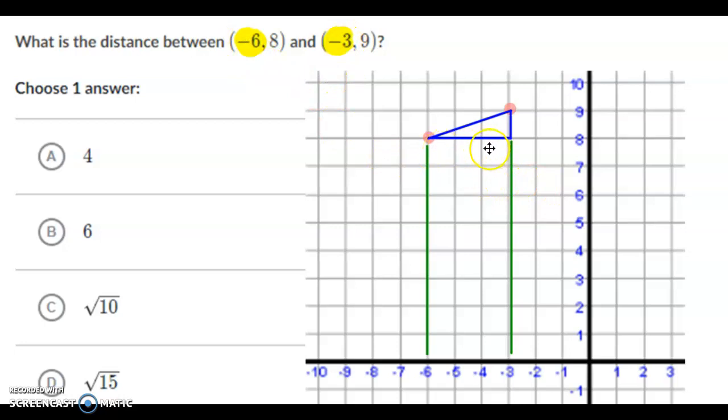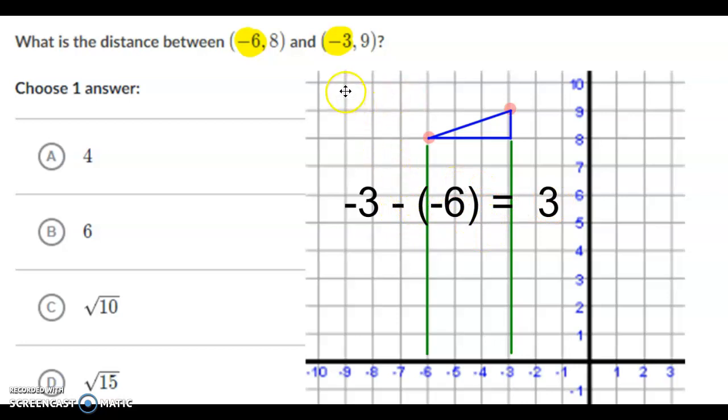The way we find out that this leg of the triangle is 3 spaces is we take those two numbers and just subtract them. It'll look like this: -3 minus -6. When we subtract -6 from -3, we get 3.